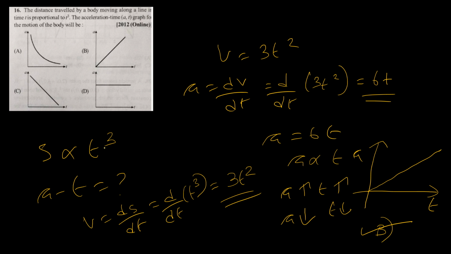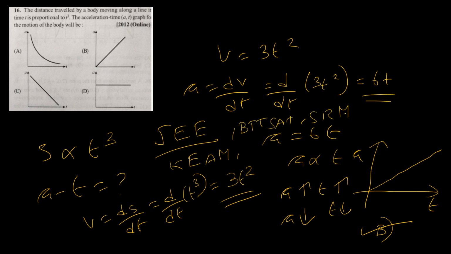This is a 2012 question asked in JEE Mains. You might not believe it, but it was also asked in various exams like KEAM, BITSAT, SRM, etc. It hasn't been asked in AIATC yet, so we can expect this question for AIATC 2024.